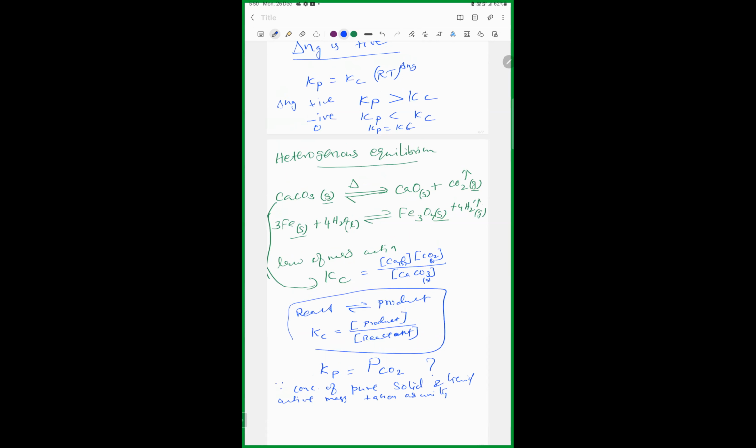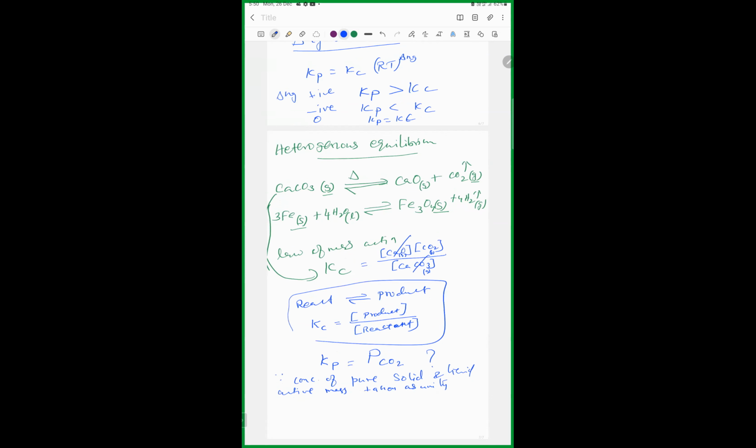Because the concentration of pure solid and liquid, the active mass, is taken as unity, that is why it goes out. Then Kp becomes the partial pressure of carbon dioxide. So what are the characteristics of this equilibrium?